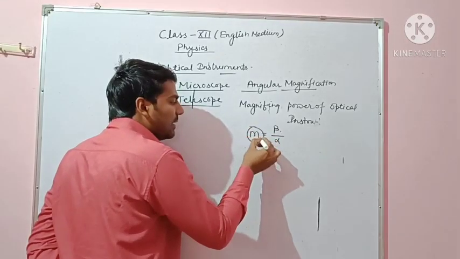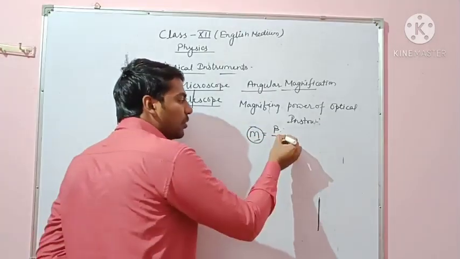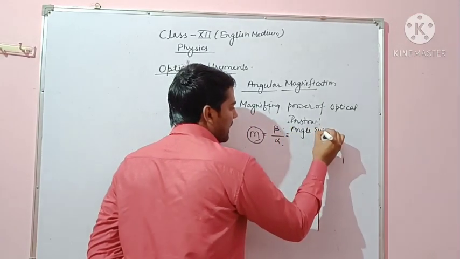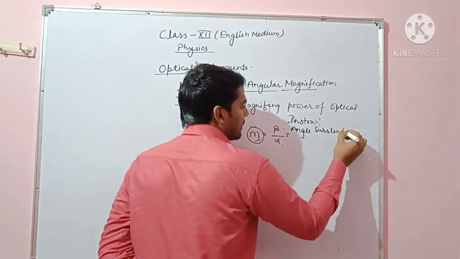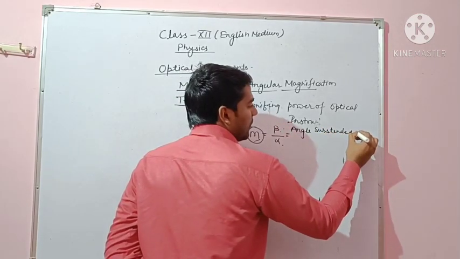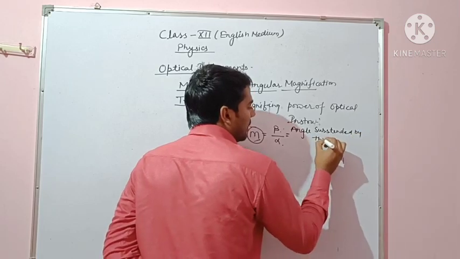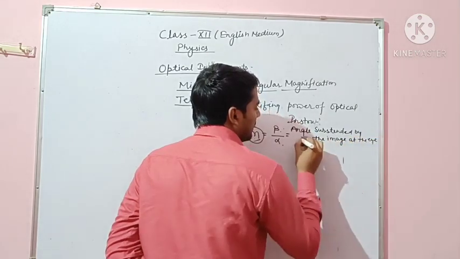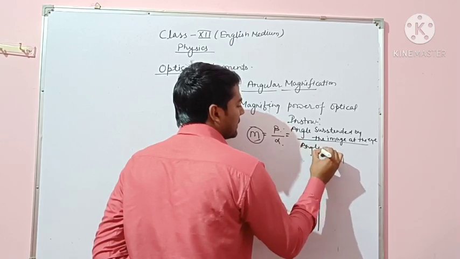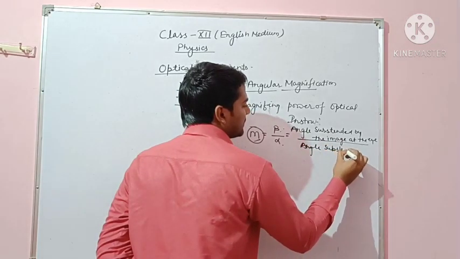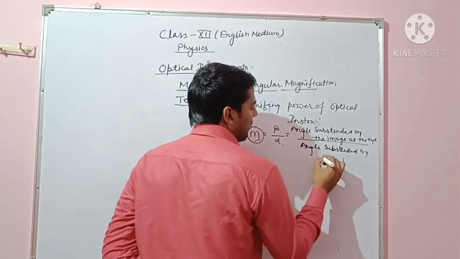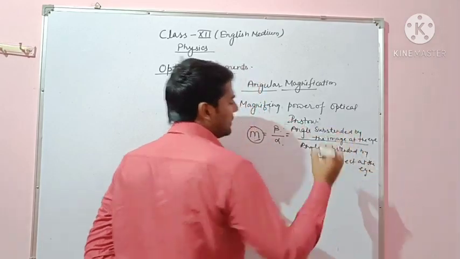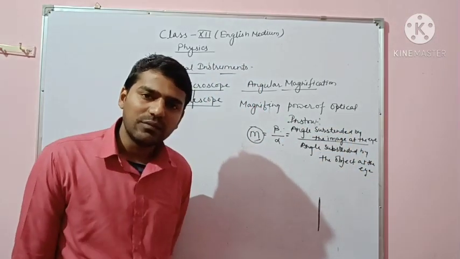Beta means the angle subtended by the image at the eye, upon alpha, the angle subtended by the object at the eye. This is the formula of angular magnification.